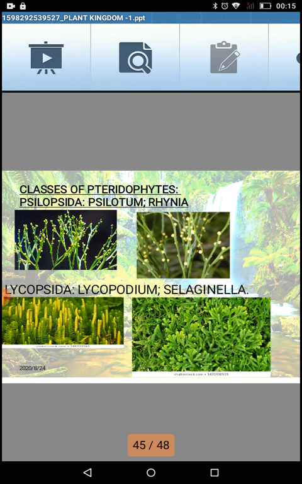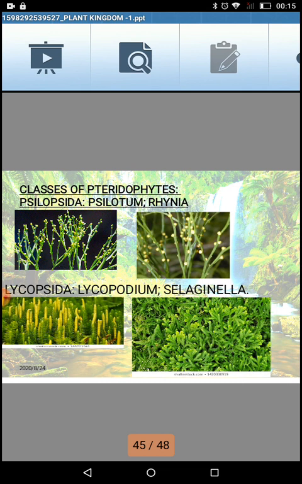If you talk about the characteristic features, Psilopsida has examples like Psilotum and Rhynia. The main characteristic feature is that the plant body is divided into rhizome and aerial parts, but they are devoid of leaves. The sporangia, you can see in the diagram, are axillary in nature. Axillary in the sense that they are present between the branches, not at the top.